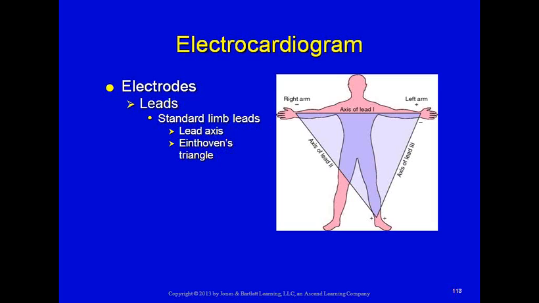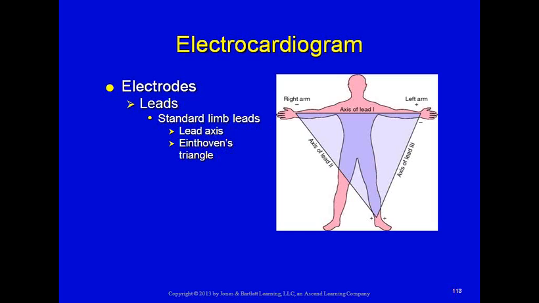You see the axis of lead 1, the right arm is negative, the left arm is positive, but when I look at lead 2, the right arm stays negative, the left foot is positive. When I look at lead 3, the left arm is now negative instead of positive, and that left foot is positive. So that's the flow in which the electricity travels.